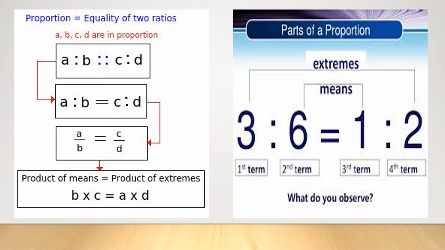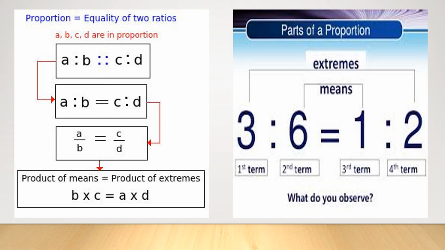Now you can see here A, B, C, D are said to be in proportion. A is to B as C is to D, where the four dots mean proportion or equal to.